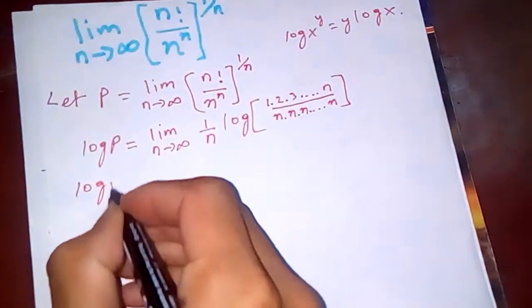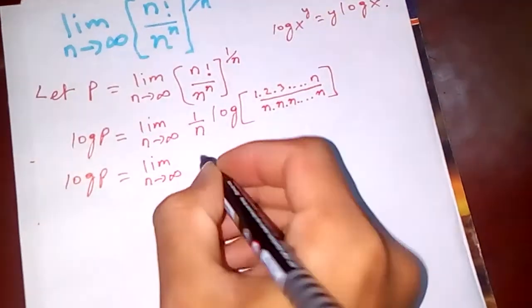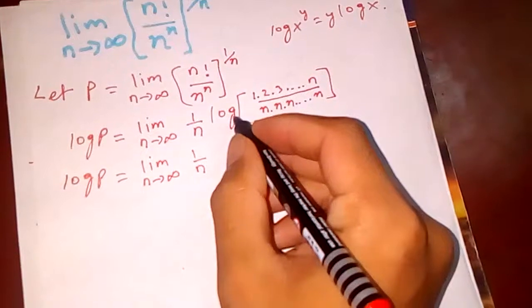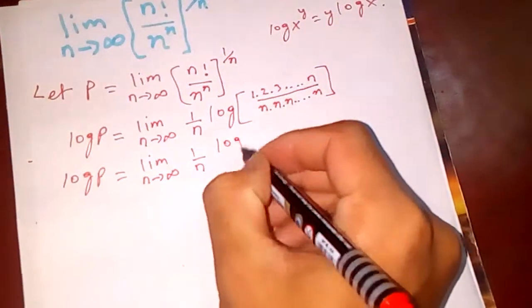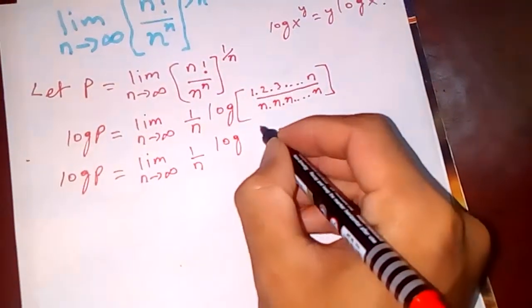So our log p is equal to limit n tends to infinity 1 over n log of, let's write it down, this one, 1 by n.